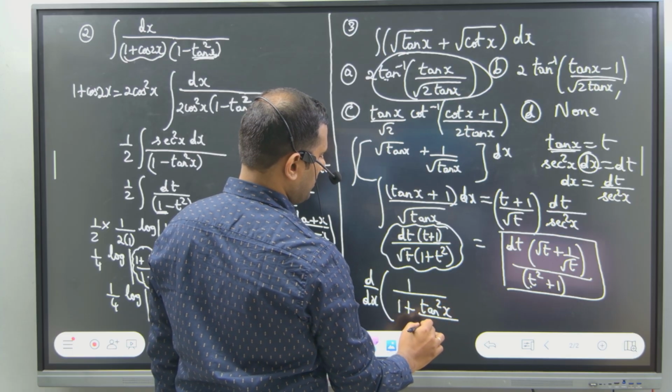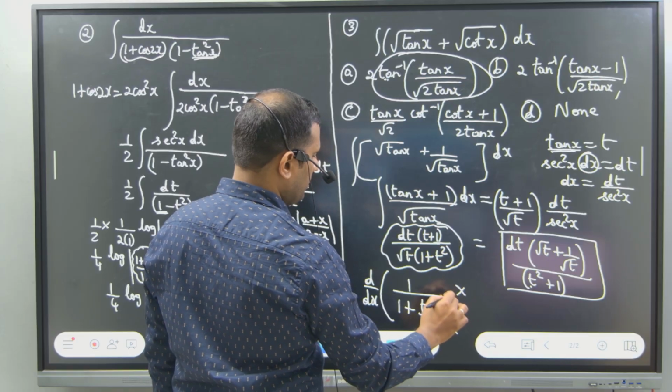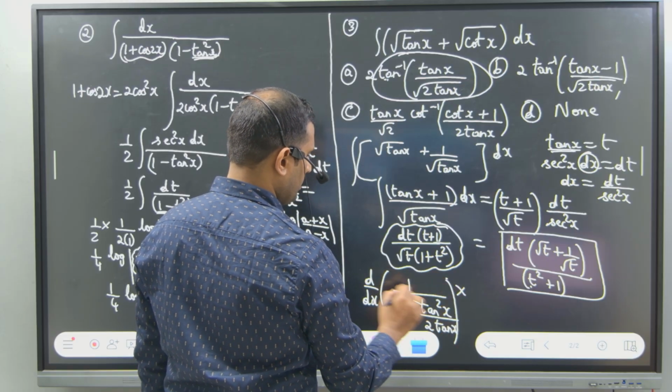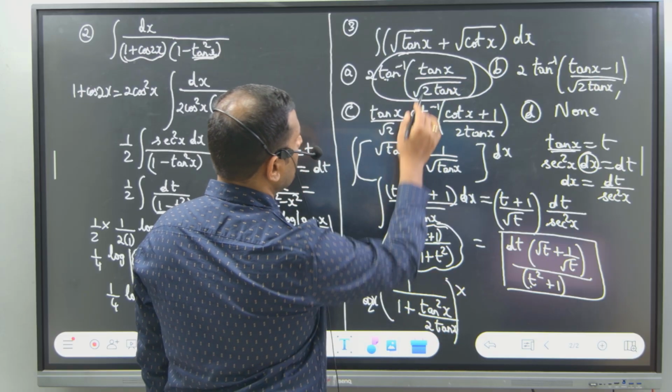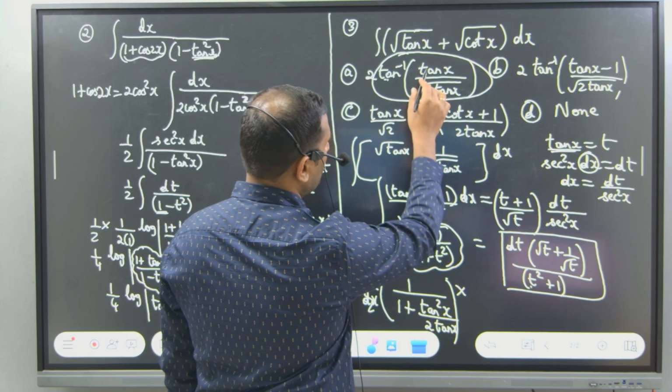So, 2 tan x into the derivative of this, isn't it? The derivative of this, again you should use the quotient rule.